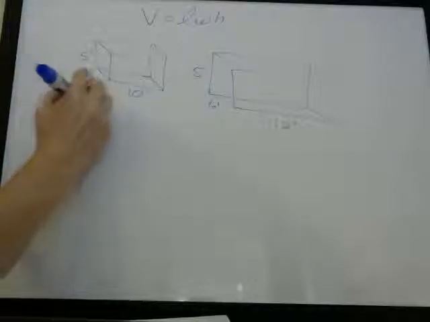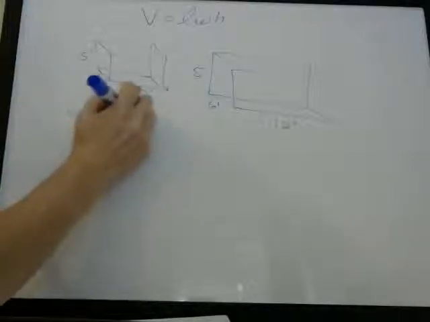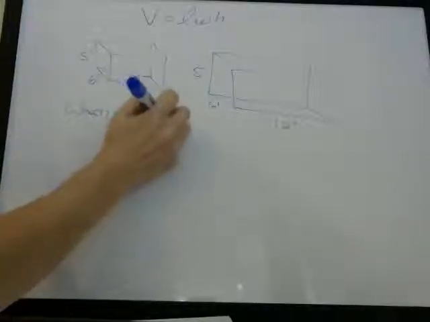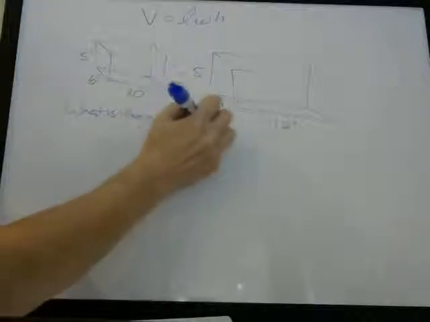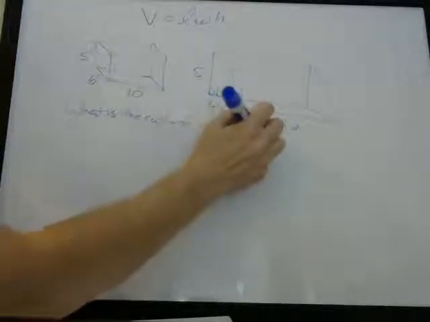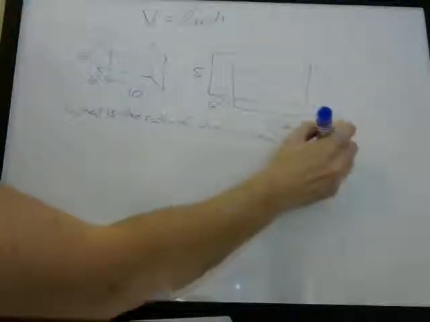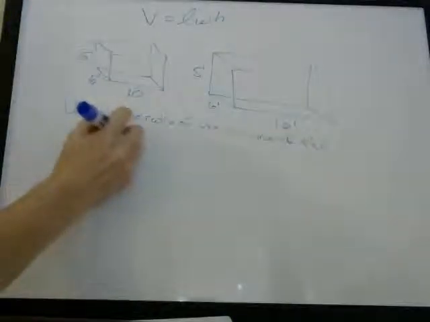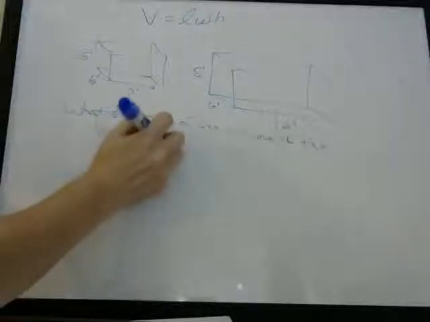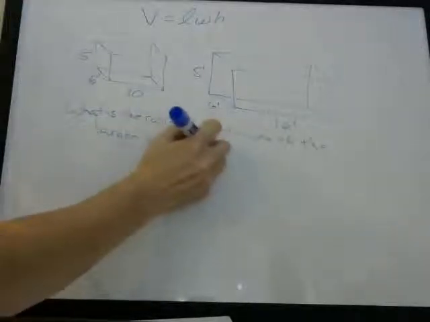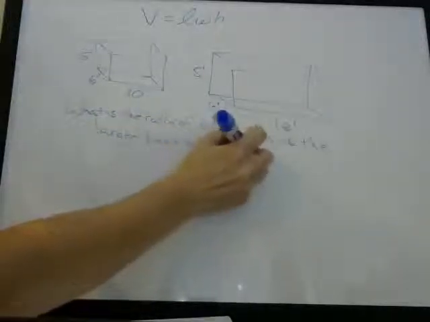What is the ratio of the volume of the larger box to the smaller box?